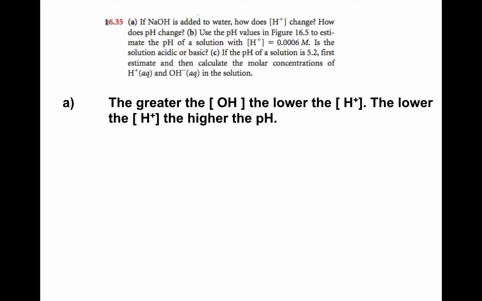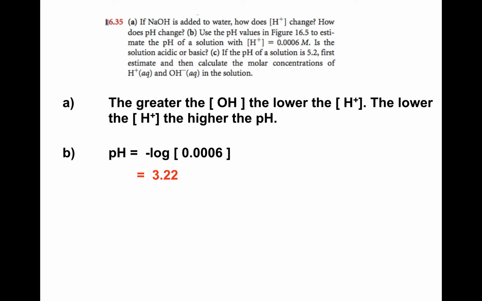So we're talking 1, 2, 3, 4 positions to the right, all right, so the 10,000th position. So if I take the negative log of that, I'm talking like a pH of 4, maybe less than 4, something like that. So if I take the negative log of 0.0006, I get about 3, over 3, a pH of 3. All right, that's an acidic solution.